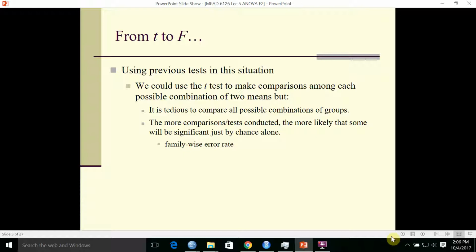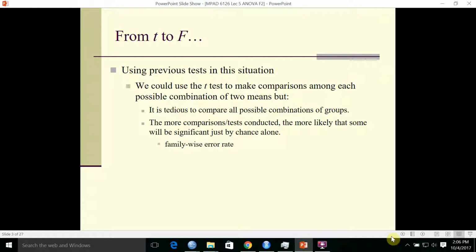So there would be 3 tests, and that means that number one, it would be tedious, and so we wouldn't want to do that. And then number 2, we wouldn't want to do that because by doing multiple tests, that increases the likelihood that there's going to be a test that's significant just by chance alone. And that problem is known as the family-wise error rate.